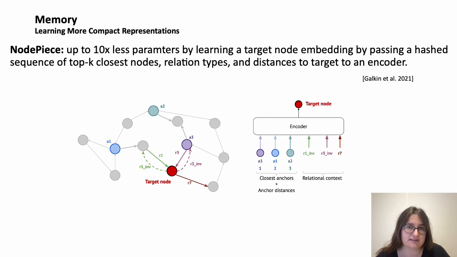However, recent work by COLING et al. introduced a work named NodePiece, where they propose an approach where they are able to train similarly good models with 10 times less parameters by learning a target node embedding by passing a hash sequence of top k closest nodes, relations and distances to target to an encoder.